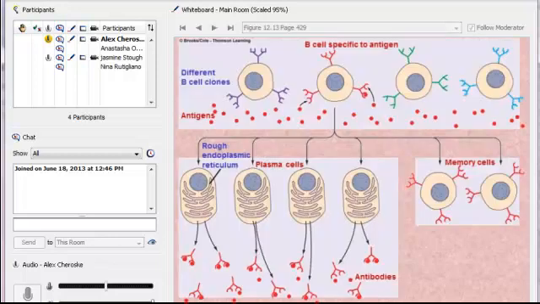Alright, so this picture is taken from different textbooks, but I think it does a good job of showing you some of the things I'm talking about. Let's take a look at this very top panel. Here, there are 4 different types of B cell clones, okay? And look at the receptor on their surface. The receptor is slightly different in terms of shape. Here's a particular pathogen that comes to us.